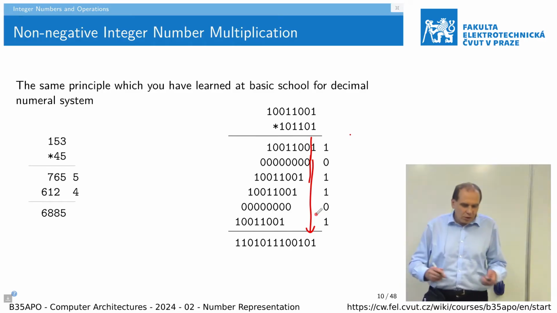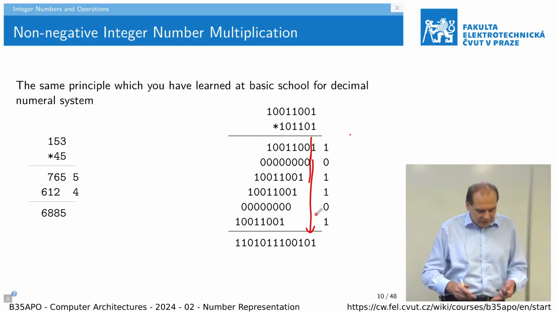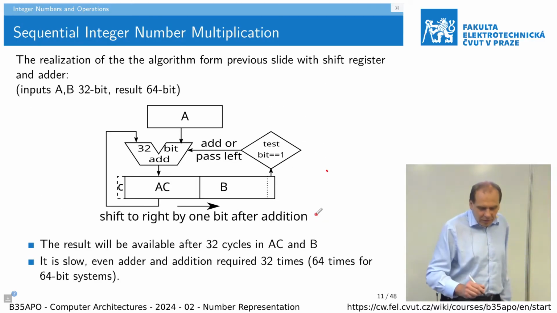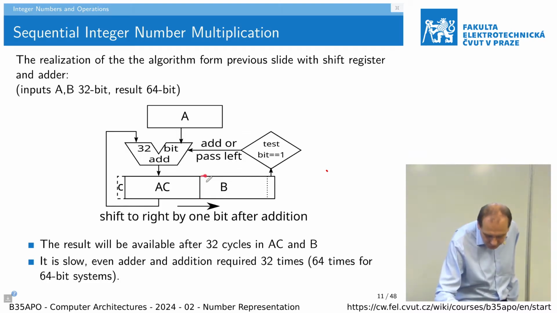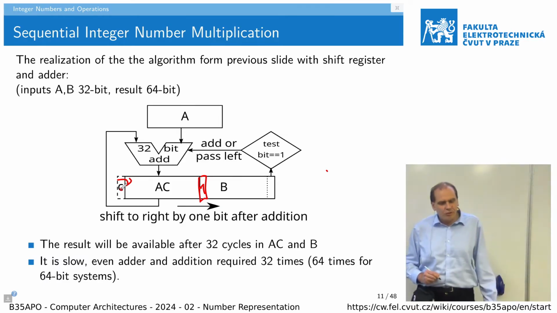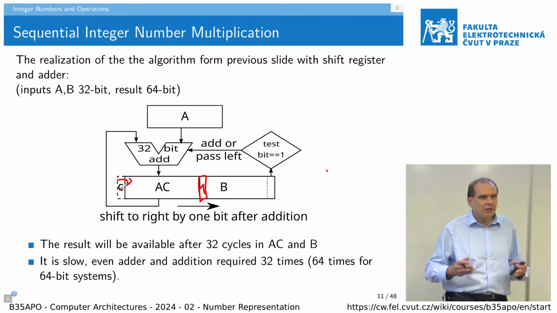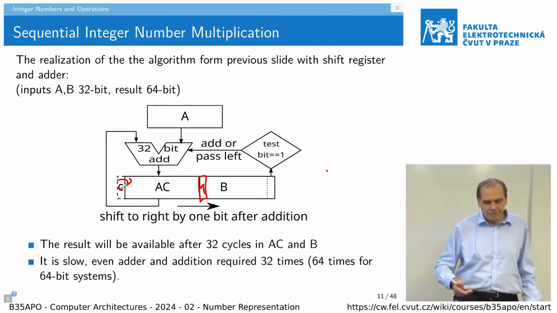So we do not need to extend it to more bits, but we can shift the result to the right. So at this moment, the first computed bit gets here. There is the rest of the result, and into the most significant bit we move a carry. Because if we add two numbers, the result can be one bit larger than the inputs.